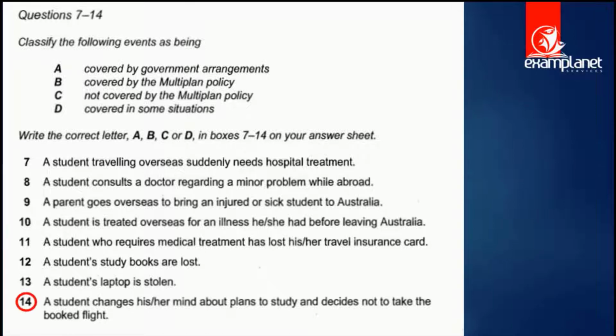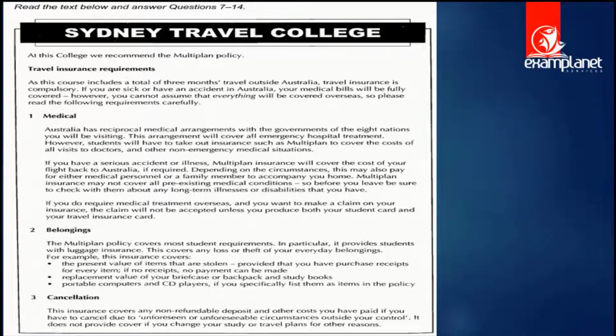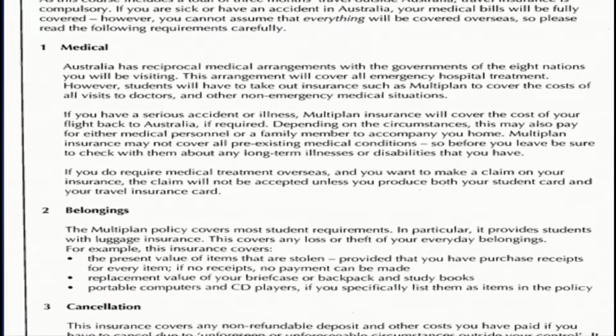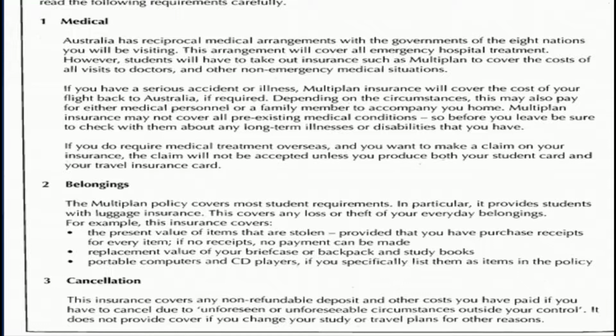The last one says, a student changes his or her mind about plans to study and decides not to take the booked flight. If you look at the paragraph under cancellation, the last sentence there, which also happens to be the last sentence in the passage, says it does not provide cover if you change your study or travel plans for other reasons.